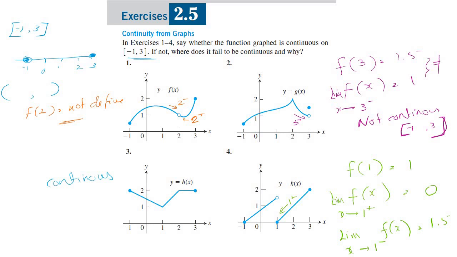So, sorry, f(1) is equal to 0. This is not 1, it's equal to 0. So these two are equal, but these two are not equal. So this is not continuous.